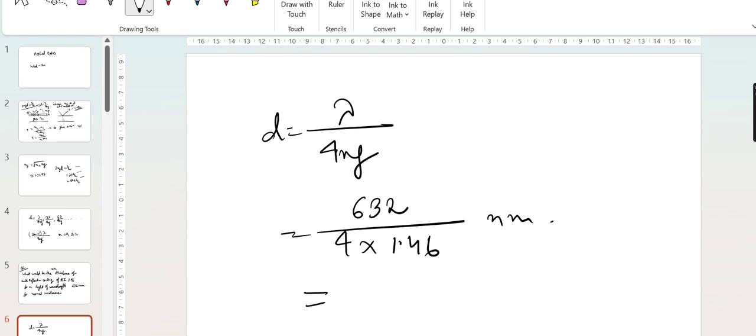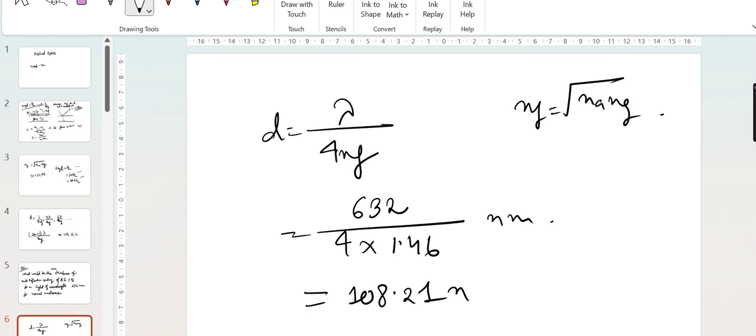Here n_f is given, but there can be questions where n_f is not given, but the refractive index of glass is given, or the glass is in oil, then the refractive indices of oil and glass will be given. Then you can calculate n_f from n_a and n_g and put it in. So here the answer is 108.2 nanometer.